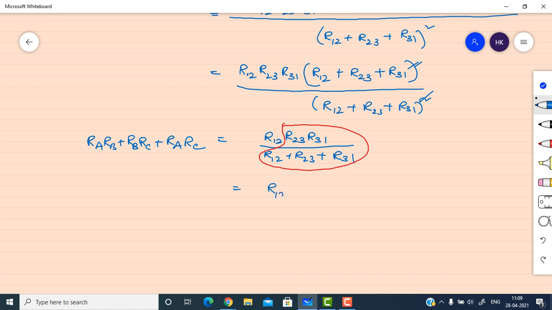R12 is there, an extra term, R12 into this total is the RC. So now except R12, the remaining are all RA, RB and RC. Those are all known values. Now we got the equation for R12.